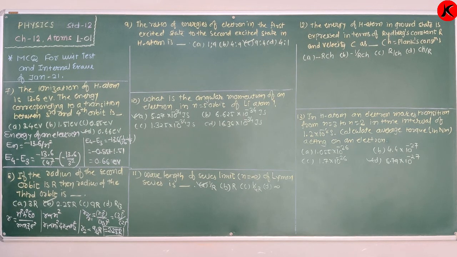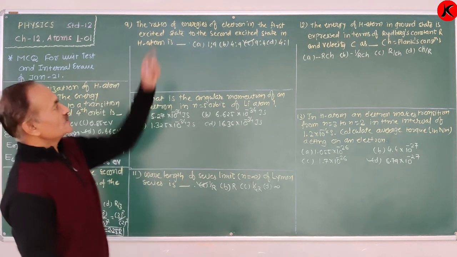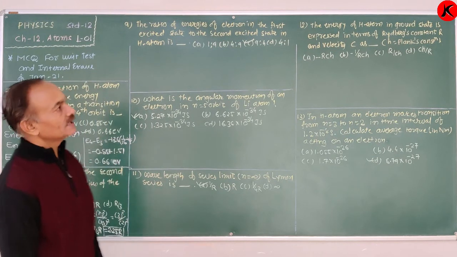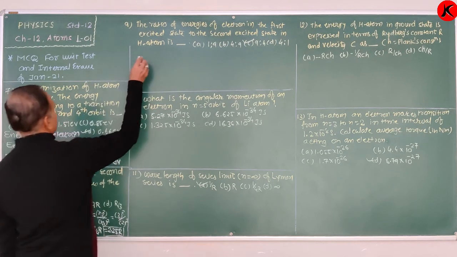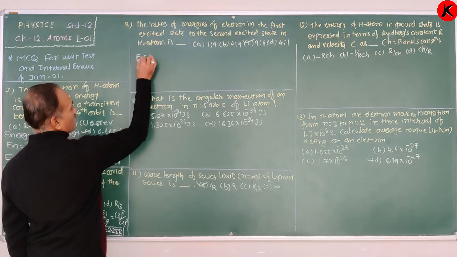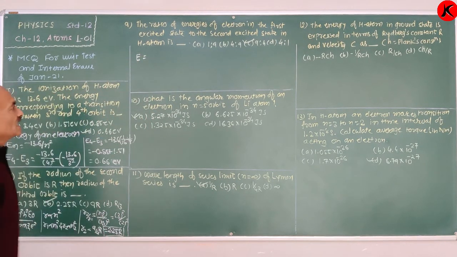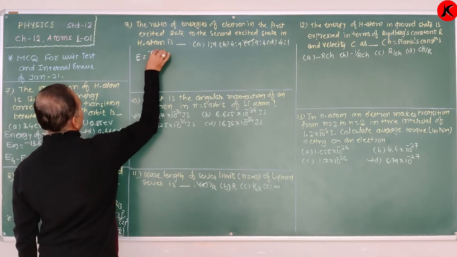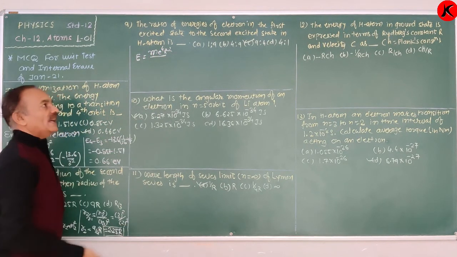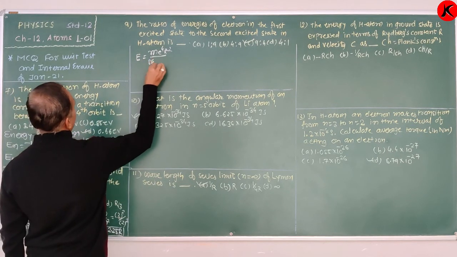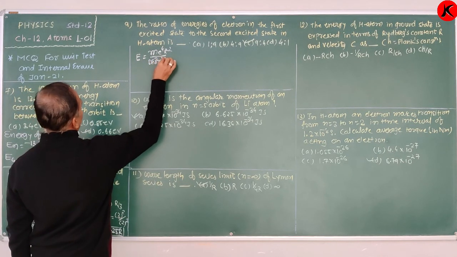Clear? Okay. After that, the ratio of the energy of electron in first excited state to the second excited state in hydrogen atom. Now we know the equation of the energy: E is equal to m e to the 4 into z square upon 8 epsilon 0 square n square h square.